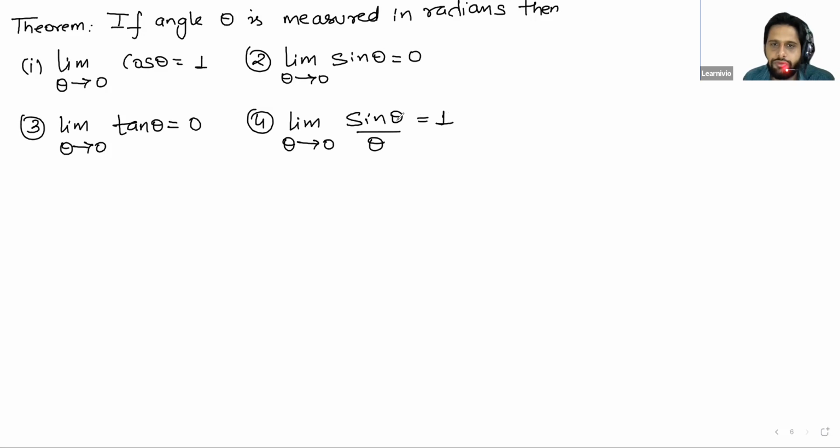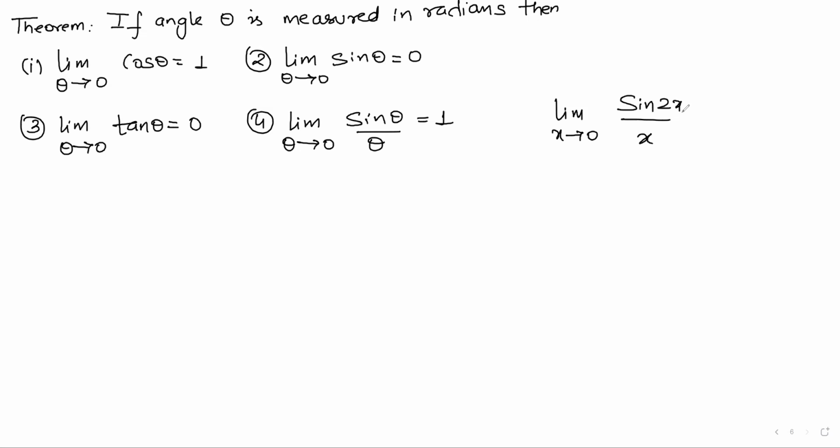Always remember, in this case theta should tend to 0, and if this is theta, then this should be theta. This is x, this should be x, this is y, this is y. So if we have sine 2x by x, can anyone tell me what is the answer for this? 1. These two should be same. In this case these two are not same, they are different, so what we will do is multiply and divide with 2.